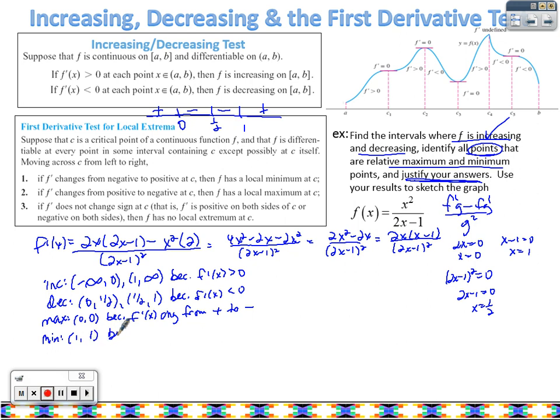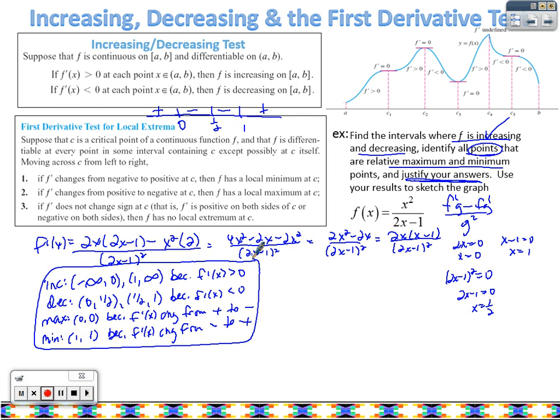Because f prime of x changes from negative to positive. Okay, that would be my answer with justification attached. It's just real quick. It's just remembering to do it. Please do remember. And then it says use your results to sketch the graph.